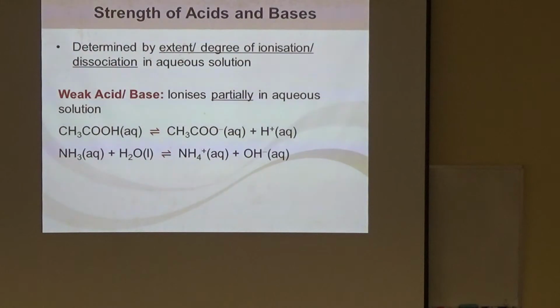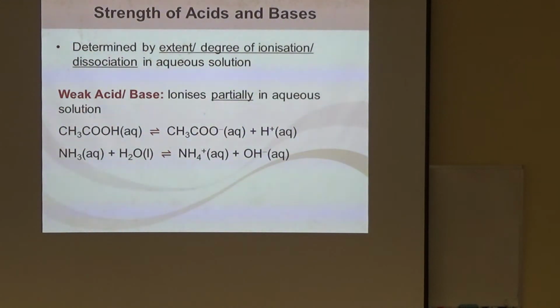The ionization is partial. So, most of it will be in the molecular form that you see on the left-hand side. A very little bit will ionize and produce the ethanoate ion and the H+. I want you to get this in your head from the start. You take vinegar, very little of it is H+. Most of it still exists as a molecule, unionized.